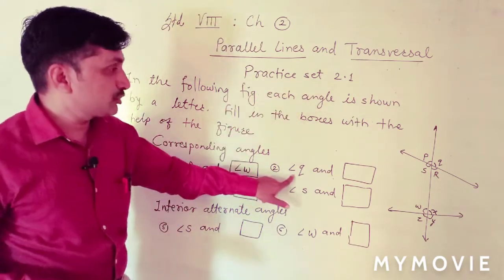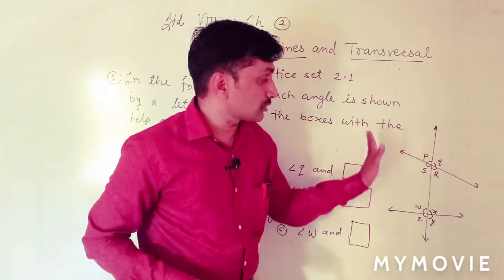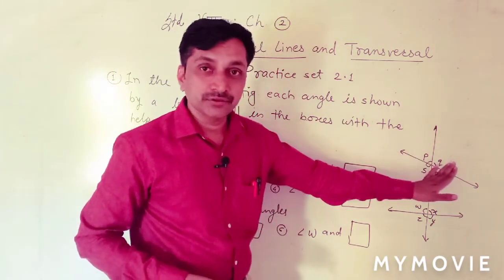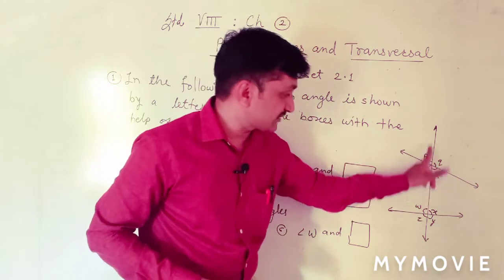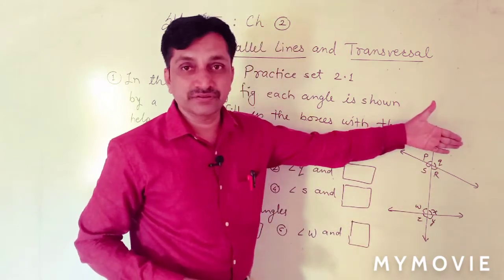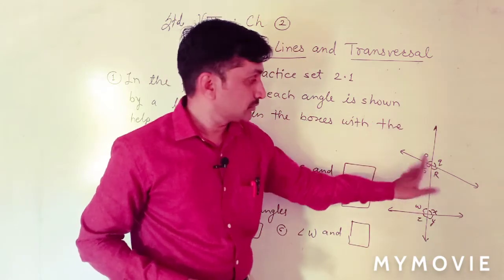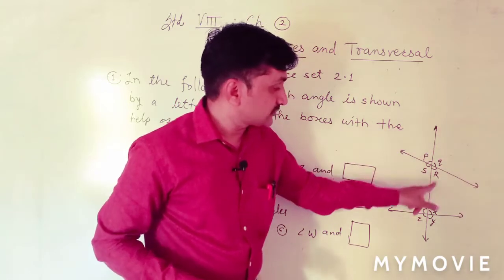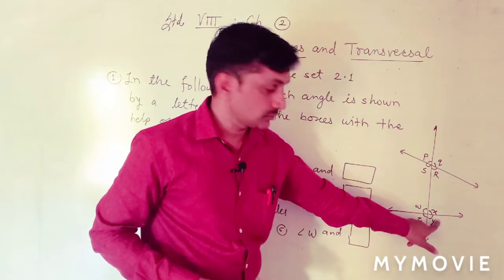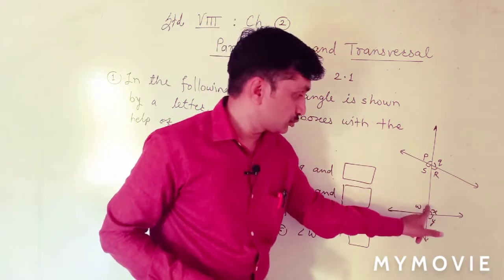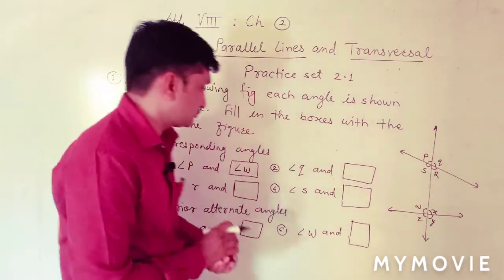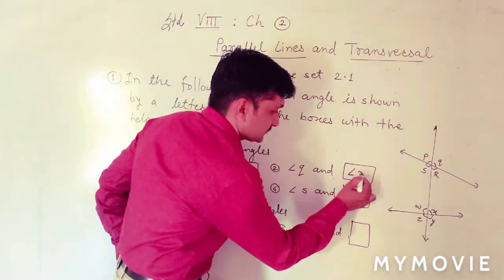Second, Q. Q is to the right of the transversal and above the lines. To the right and above. Then on the second line, X is there. To the right and above, therefore here angle X.